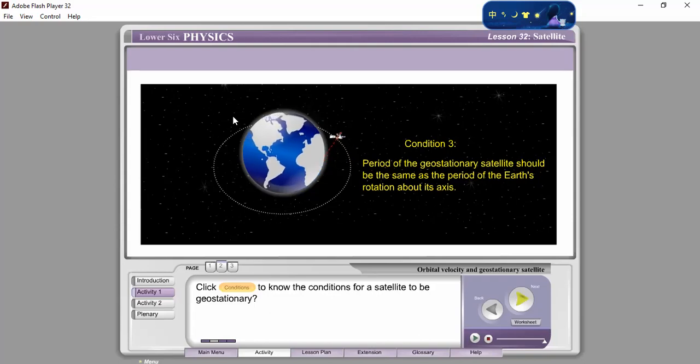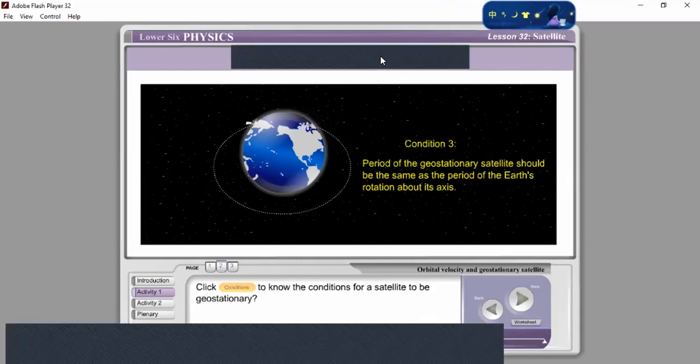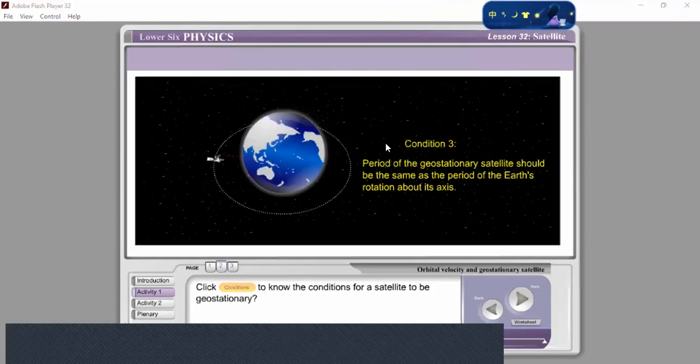So we have three conditions. First, they must be in the same direction. Second, they should follow a point on the Earth. And next, the period of the satellite must be the same as the period of the Earth, which means one revolution in 24 hours.